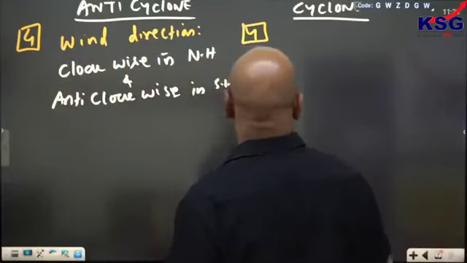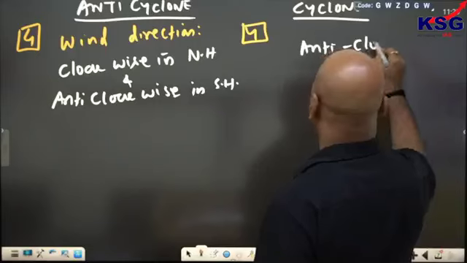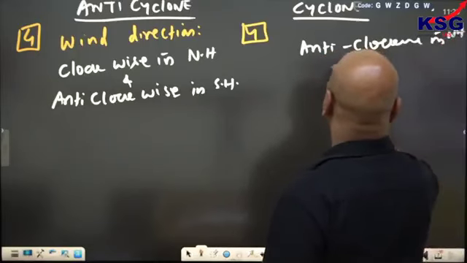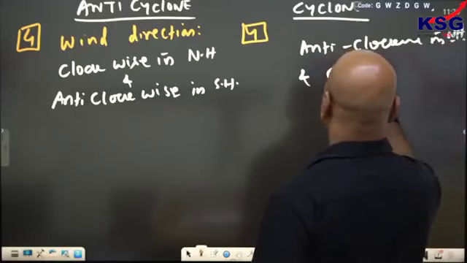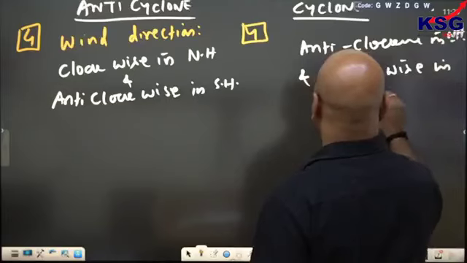Here it is anti-clockwise in northern hemisphere and clockwise in southern hemisphere.